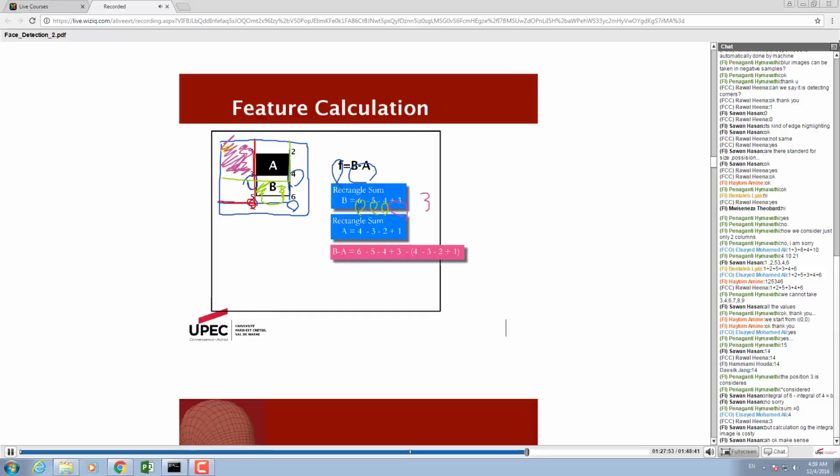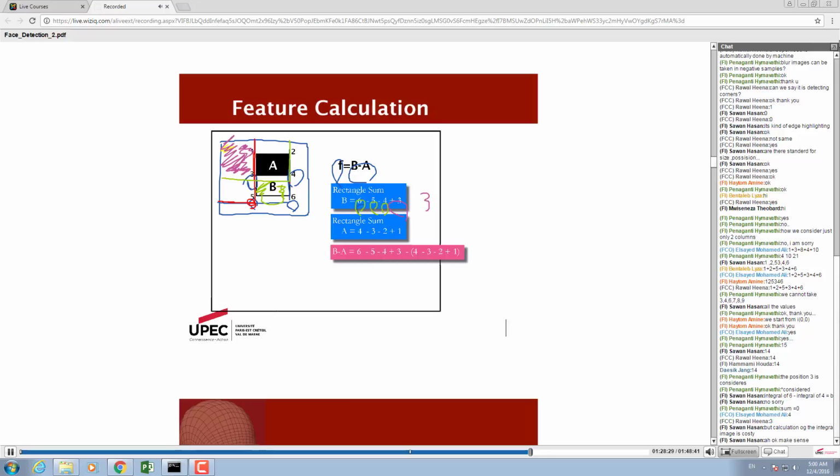Using the integral image, we just calculate the sum of the whole image one time. And then every time you calculate a feature, it is just 3 operations, so in practice it takes much less time. It is one important contribution of this paper to make this algorithm almost real time, many frames per second.